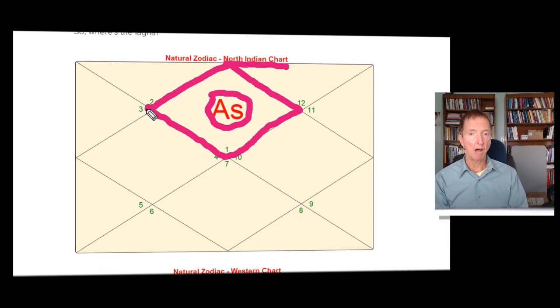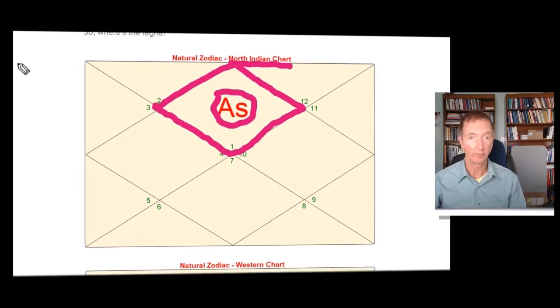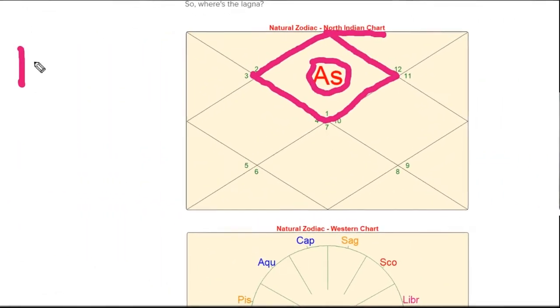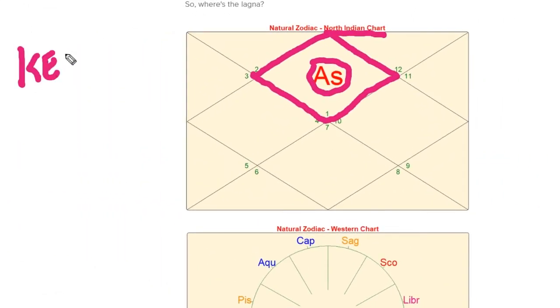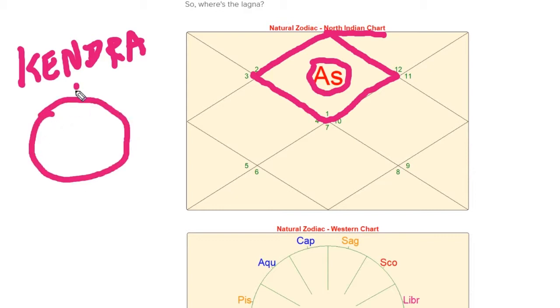Given that, the key idea here is what's called a kendra. There are lots and lots of details here, but a kendra. The idea is there are 4, and if you just take a circle again, it's basically splitting the circle into 4 parts.